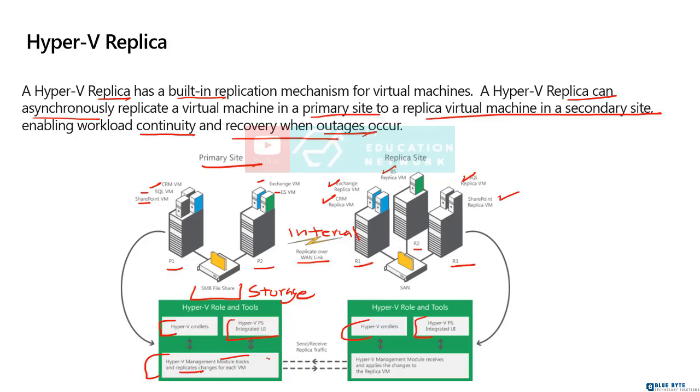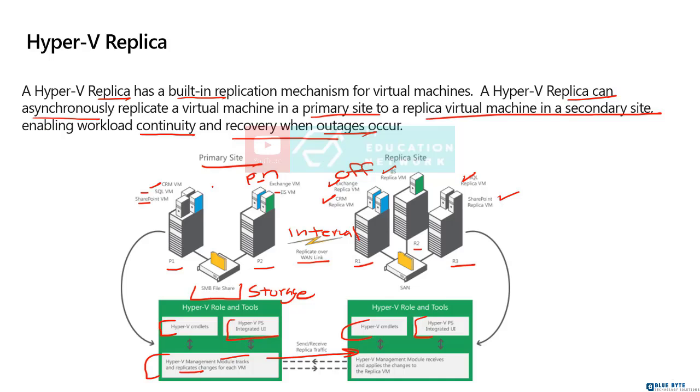So across your WAN link, you just send that replication traffic to the servers in your replica site. Now the replica machines are powered off. So if I take this Exchange VM, that's powered off in the replica site. It's on in the primary site. So it can only be powered on in one site at a time.